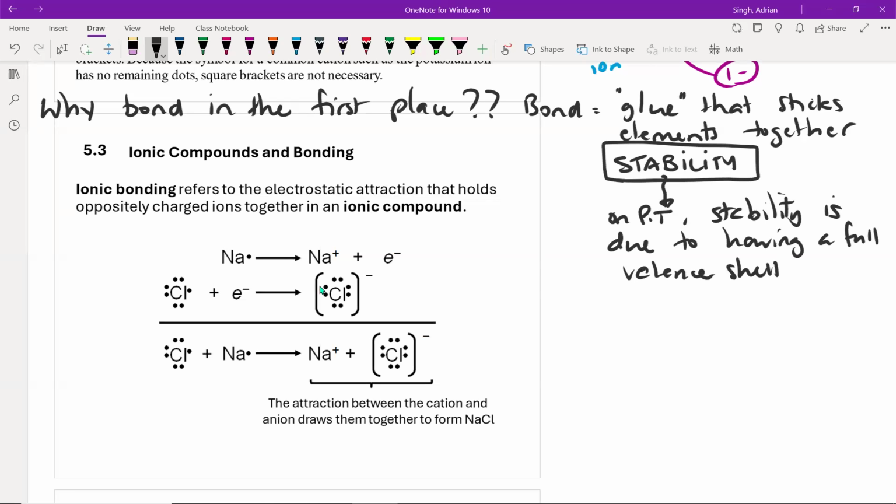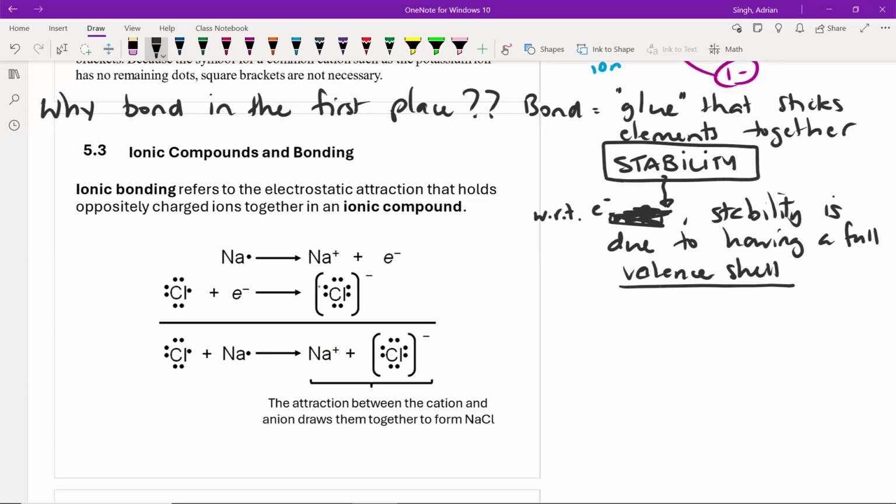Okay, I shouldn't say on the periodic table. I'm going to say with respect to electrons. Again, WRT means with respect to. So concerning electrons, stability is due to having a full valence shell, right? Having that outermost shell completely filled with electrons means that that thing is very stable.